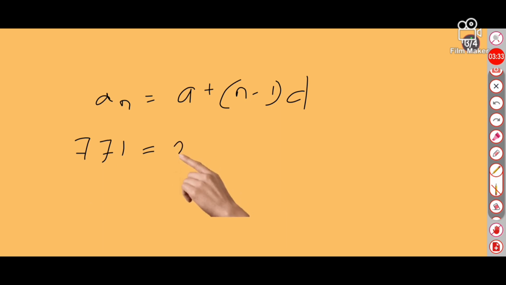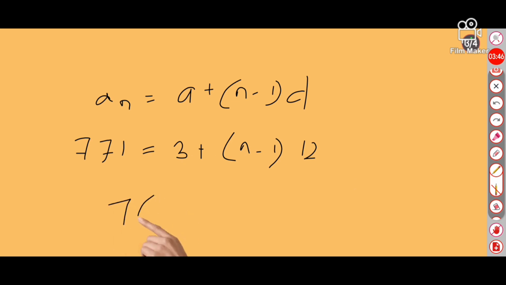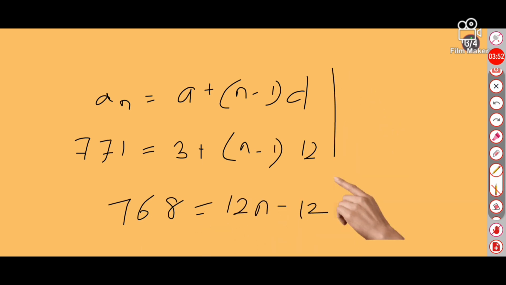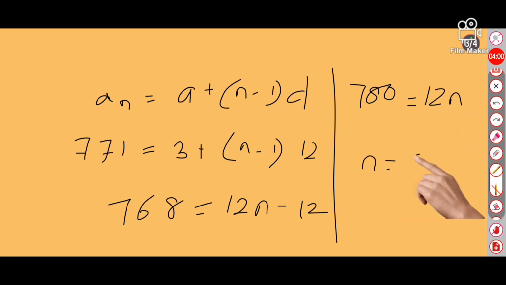The a value is 3, the value of d is 12. So 771 minus 3 will be 768, equals 12n minus 12. So 768 plus 12 is 780, equals 12n. So the value of n is 65.